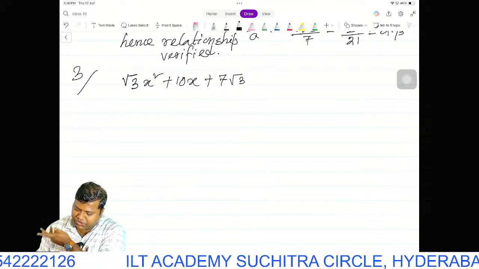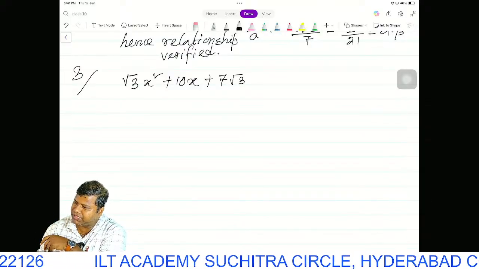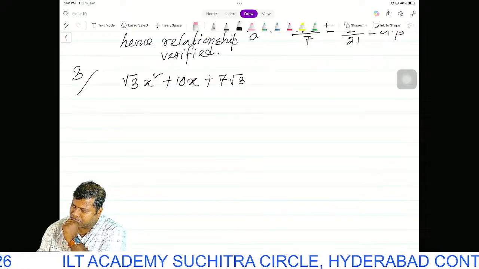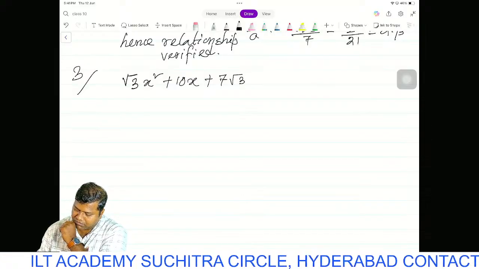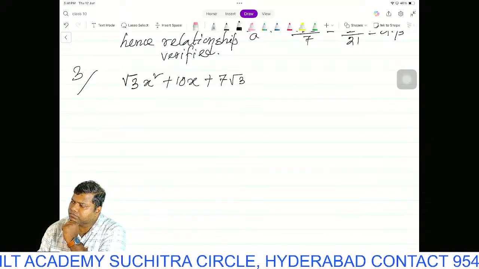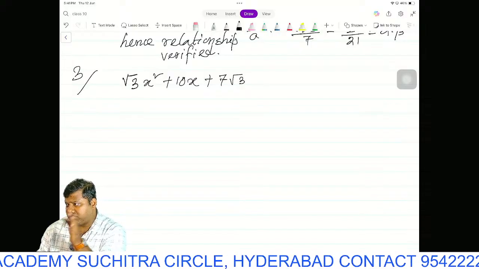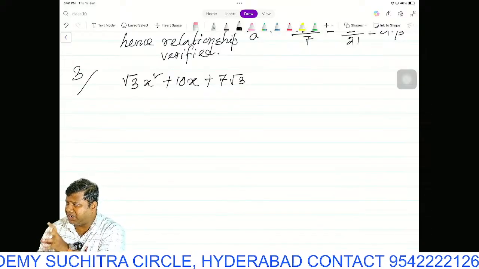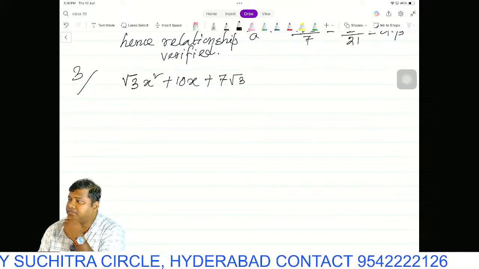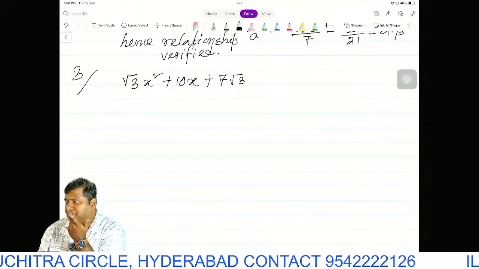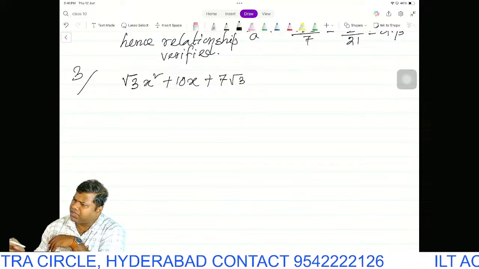Then the b part, that is the middle part, will be 10 by root 3. Again a problem will be there. Keep it like that only.